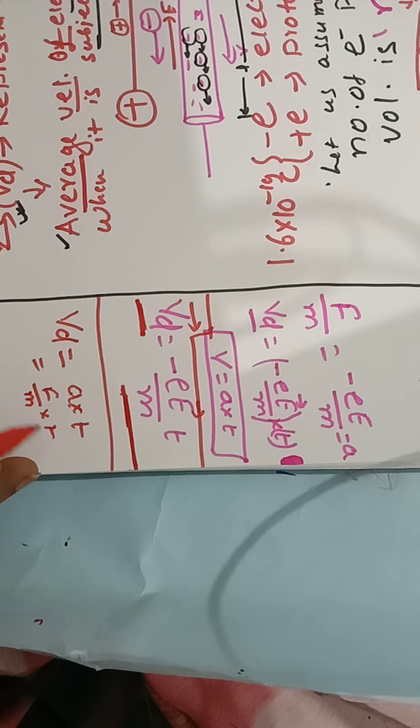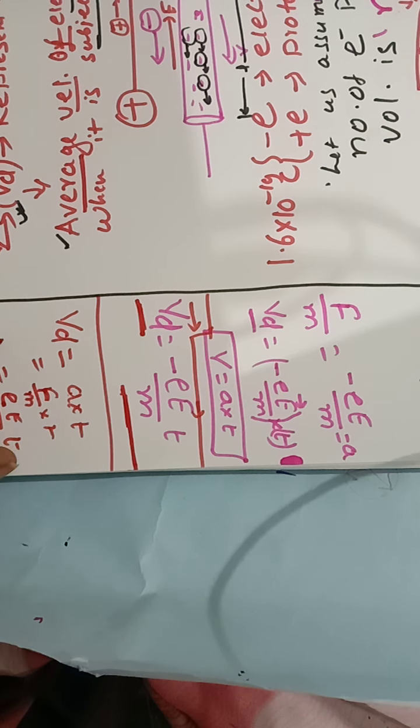And what will be the force? The force on a charge will be charge into electric field, right? Simple. And there will be a minus to represent that this is a negative charge, and since it is a negative charge, the direction of Vd will be opposite to the electric field.